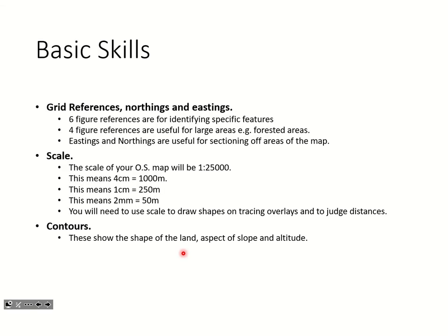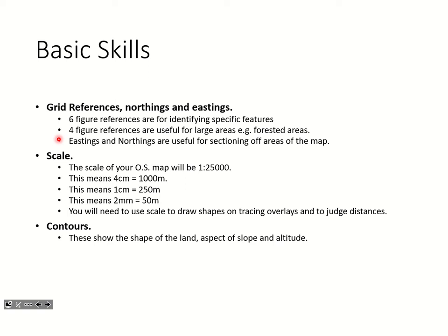So you obviously need to use grid references very confidently, and really the purpose of this video is not to go through exactly how to do a grid reference, but more to point out that six-figure grid references are used for identifying specific features. A four-figure grid reference is used for identifying a larger area, for example a forested area. And you can make clever use of the Eastings and Northings.